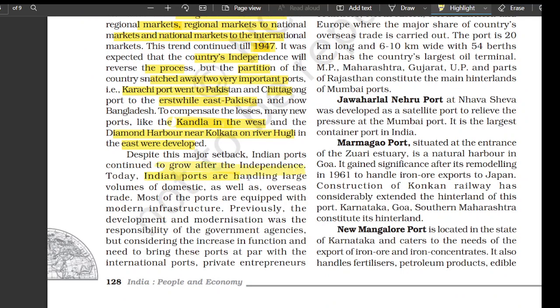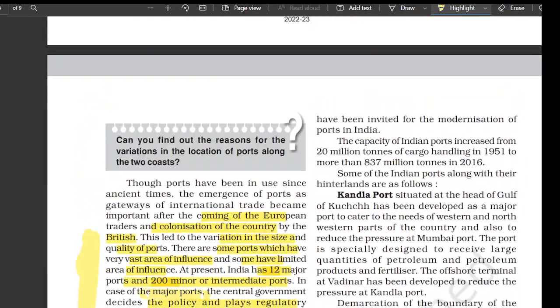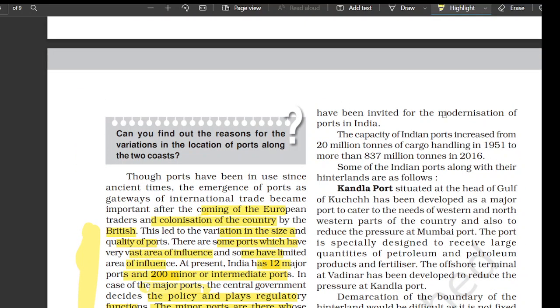Today, Indian ports are handling large volumes of domestic as well as overseas trade. Most of the ports are equipped with modern infrastructure. Previously, the development and modernization was a responsibility of the government agencies. But considering the increase in function and the need to bring these ports at par with international ports, private entrepreneurs have been invited for modernization of the ports in India.